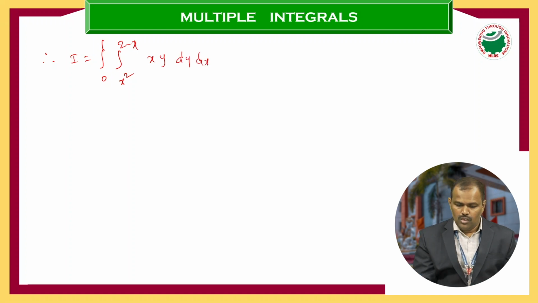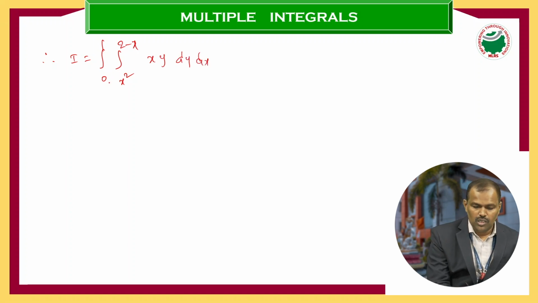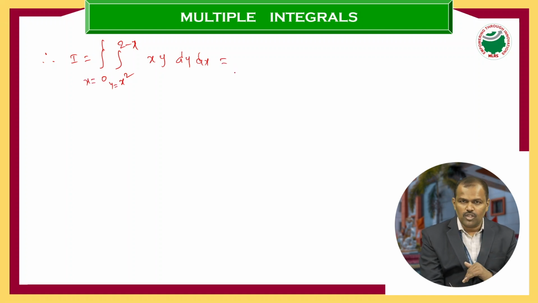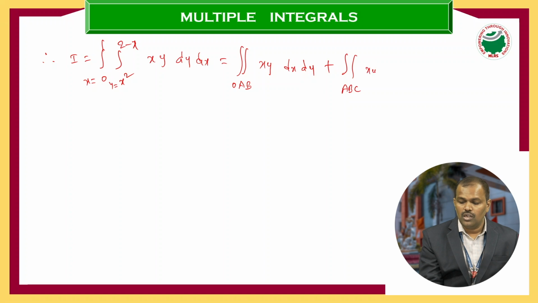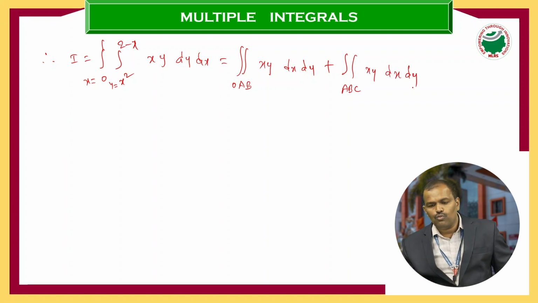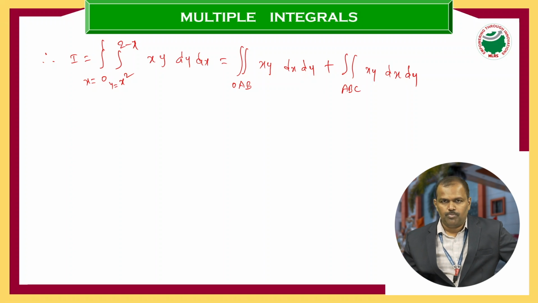This is y limits, this is x limits. After changing, it can be divided into two regions: double integral over OAB xy dx dy plus double integral over ABC xy dx dy. The integrand is the same. So now we have to find the new limits.